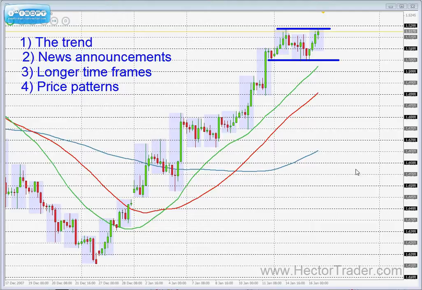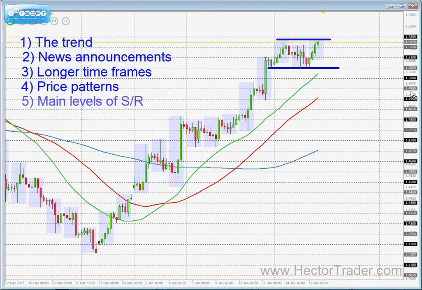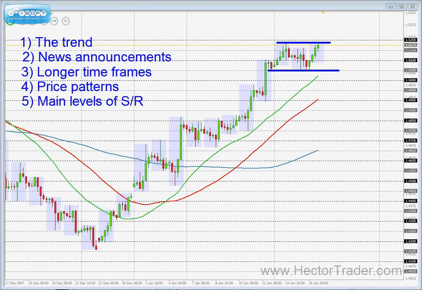Another element you always want to keep an eye on is where my levels of support and resistance are. My significant support and resistance, first of all, is this double bottom I was talking about. In this case, it's a 150.50 round number. That's the key level.